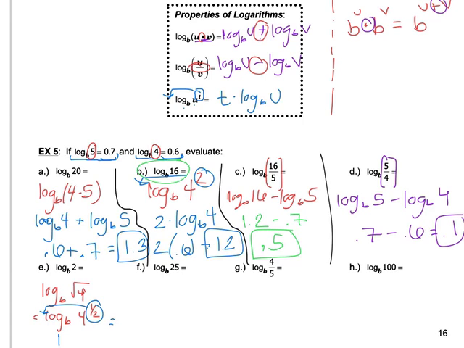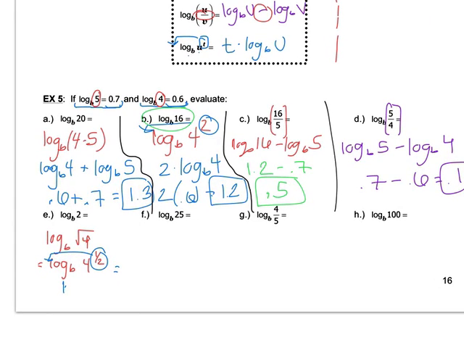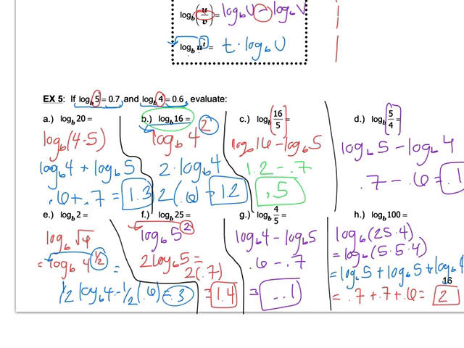So really we've got 1/2 log base b of 4, and log base b of 4 is 0.6. So half of 0.6 is 0.3. All right, so go ahead and finish F, G, and H on your own, and then you can check your work with mine.